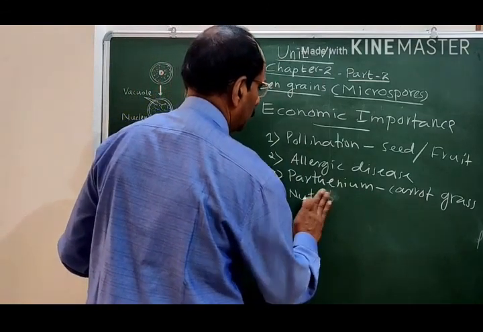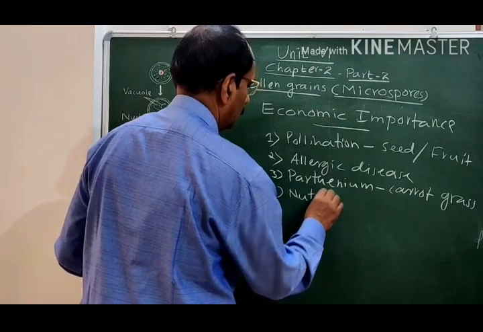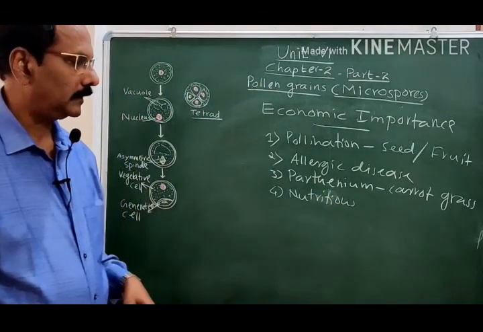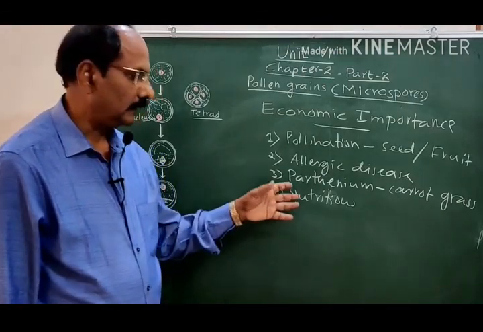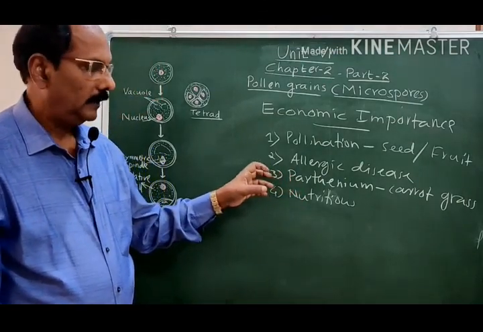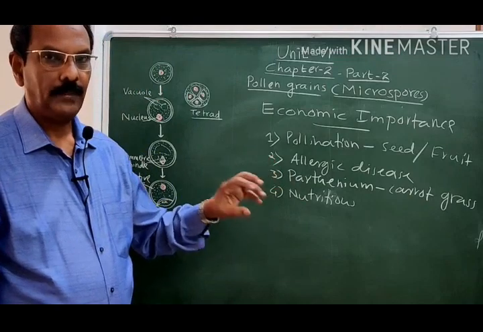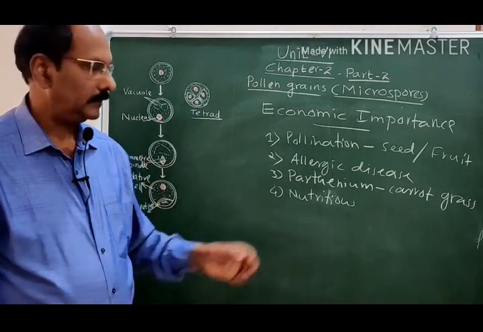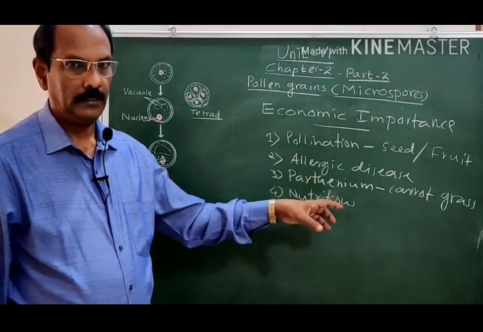It is very nutritious, with very important nutrients, vitamins and other minerals present in the pollen grains. These pollen grains are collected and made into a paste, and then tablets are prepared, and these tablets are available in the market.